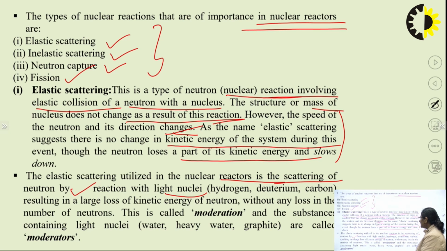This results in a large loss of kinetic energy of the neutron, but without any loss in the number of neutrons. This process is called moderation, and the substances containing light nuclei are called the moderator. So moderation in nuclear reactors involves the elastic scattering.